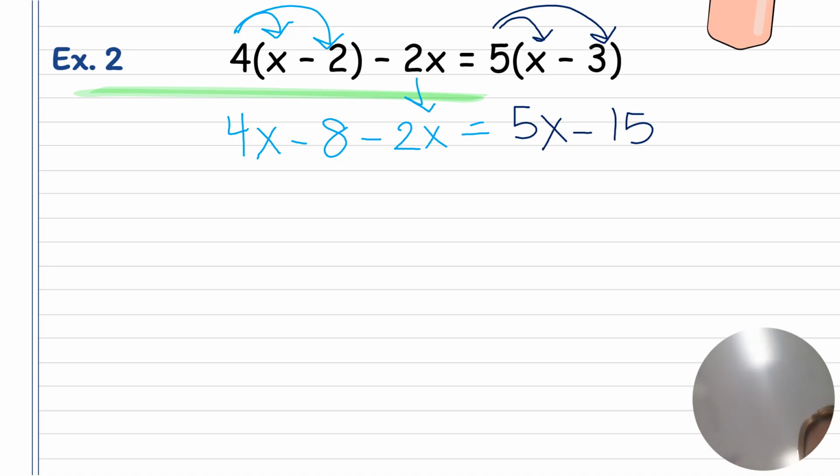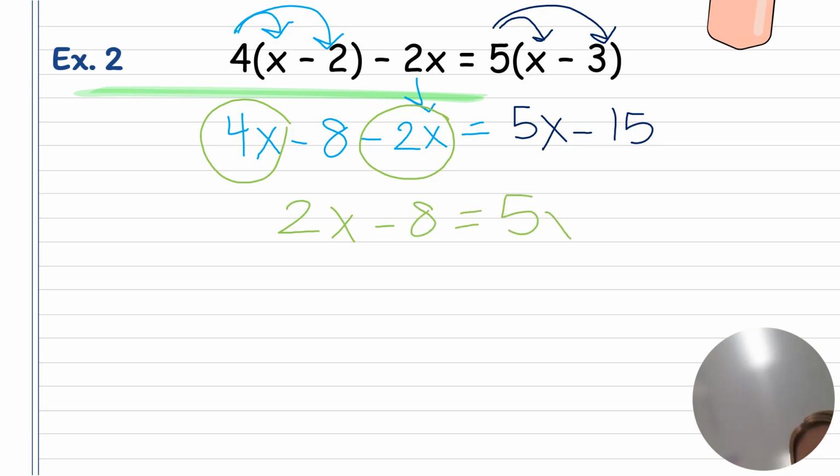Now we can start combining. I see on my left, I have these two. So I'm going to do 4x minus 2x to give me a 2x. Still have that negative 8, and then I have 5x minus 15 here. Okay, so there's a few things we can do.